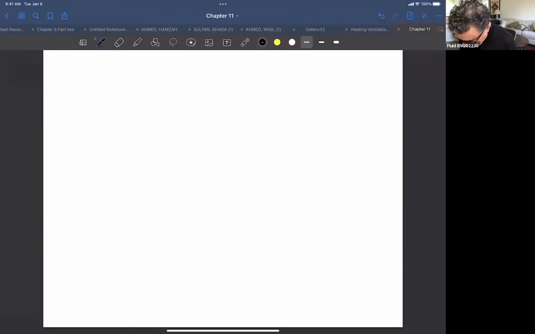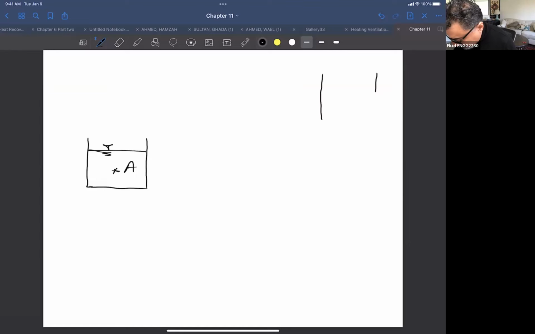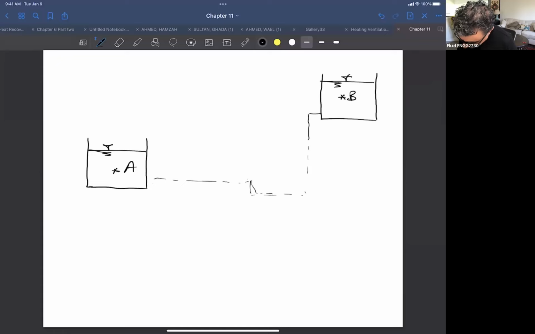So here, let's say a tank, and if you remember, we talked about the tank as representing energy, right? Representing energy at point A. And I have another tank here, and this is point B. And now I have a system like this.